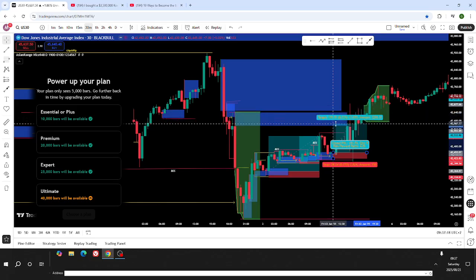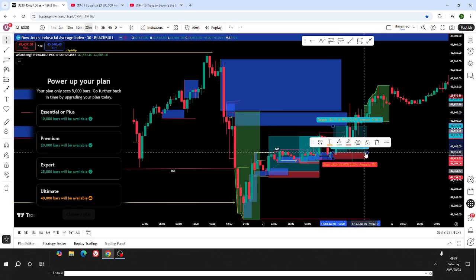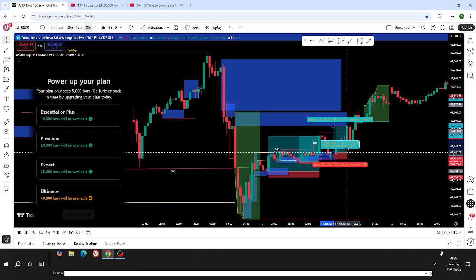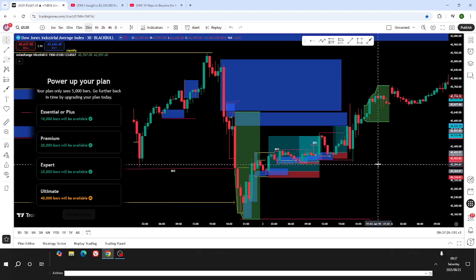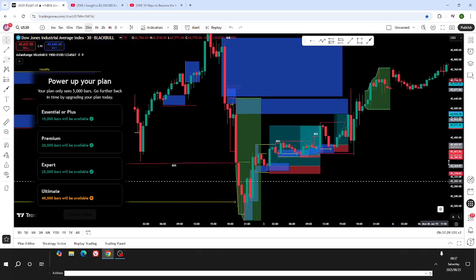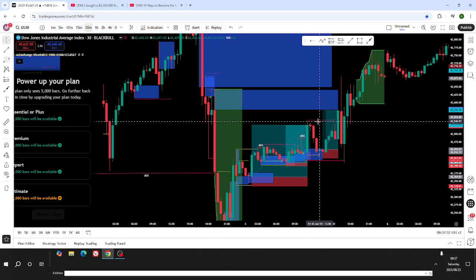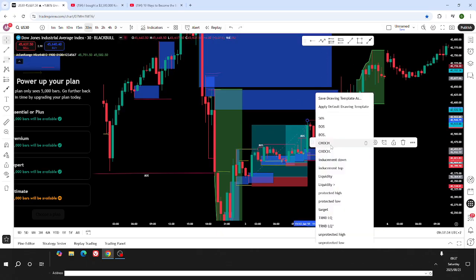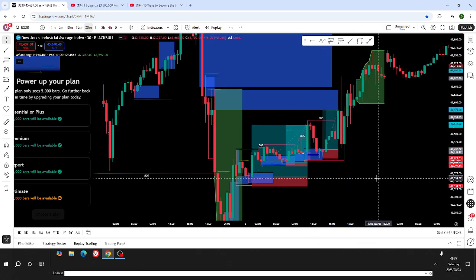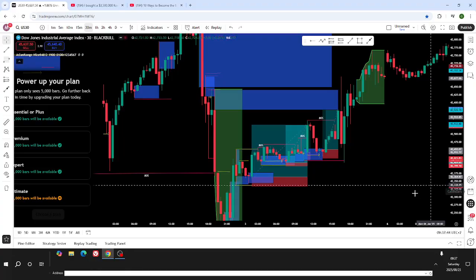But because this is unmitigated, let's be safe and take profit right over here. It's beautiful. As we see right now, we have a break of structure.